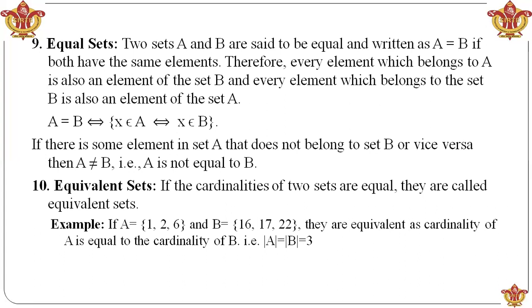Of course they are equivalent, because here we discuss equivalence. It doesn't matter what kind of values the sets contain; what matters is that both sets have the same cardinality number, right? So here the cardinality of A is equal to the cardinality of B. That means the cardinality number of both is 3, right? So here we discussed cardinality in set theory, and how many types of sets there are.